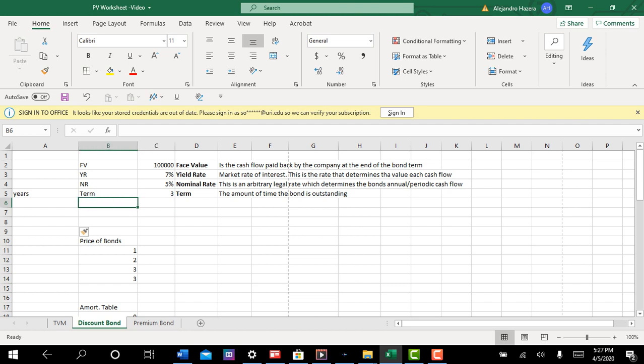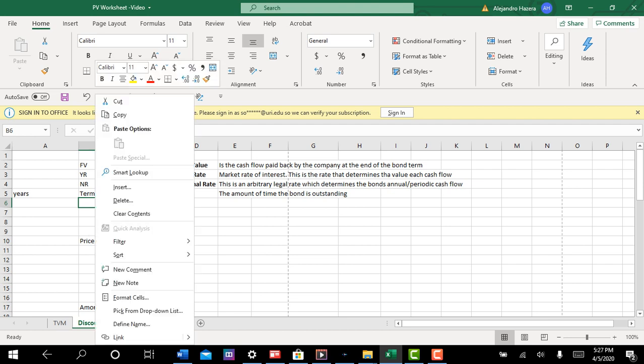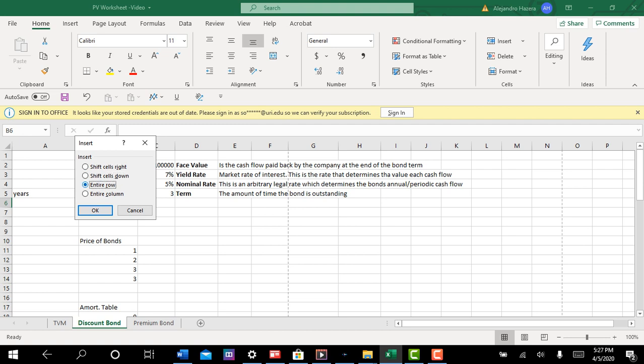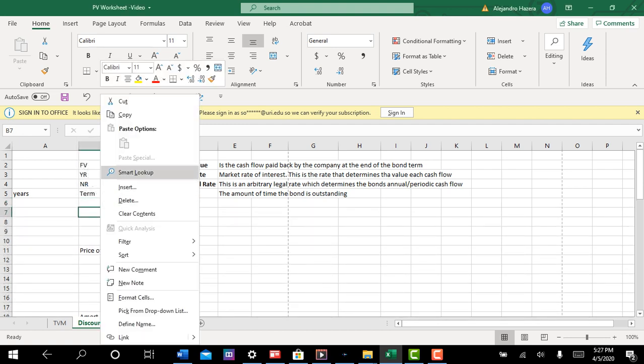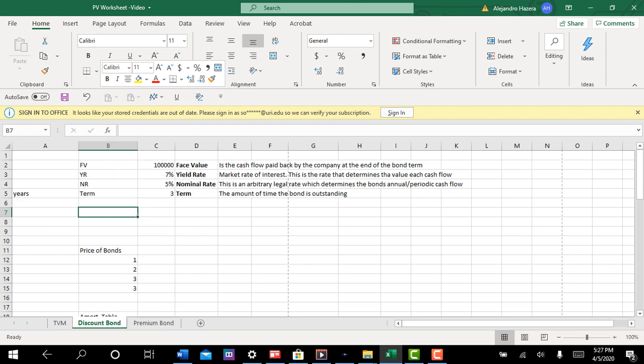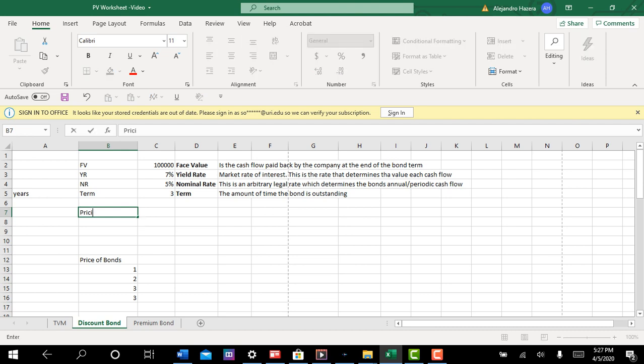Okay, now there's a key rule for bonds. I'm going to call them the key rules. I'm going to insert another row and even another row. Okay, and that rule is, I'm going to call them pricing rules.